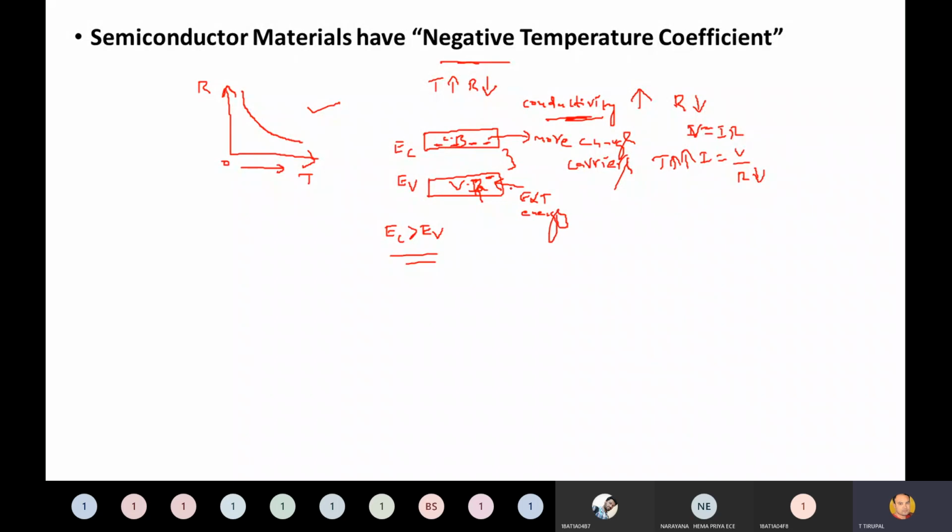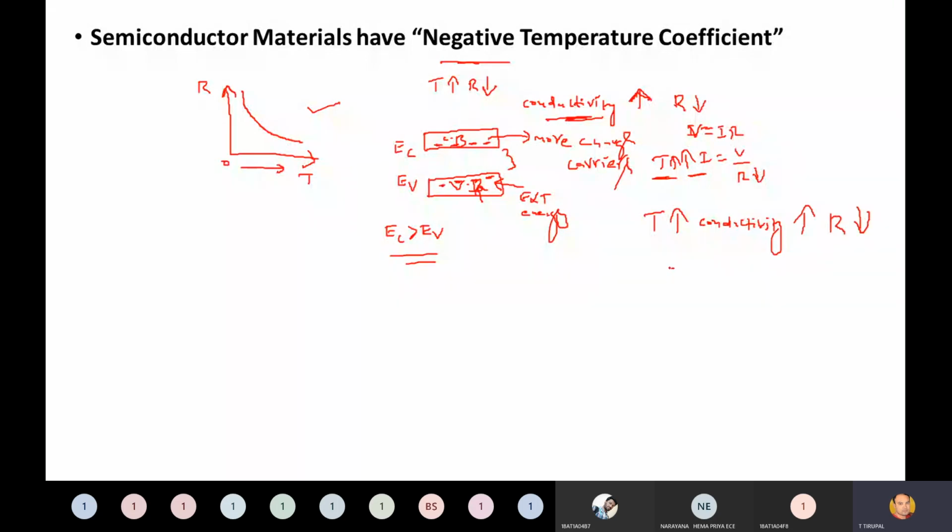So electrons in the valence band jump into the conduction band. Therefore as temperature increases, current increases, conductivity increases, and resistance decreases.